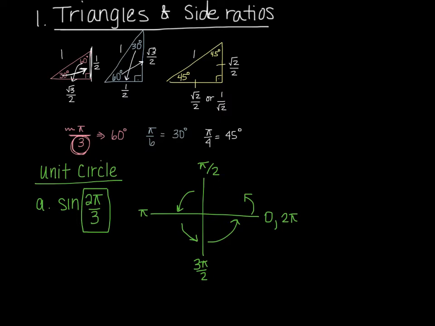So 2 pi over 3, I think about it in terms of thirds, and pi, or 1 pi, is 3/3. And so 2 pi over 3 is 1/3 shy of 3/3, and so it's right here in that second quadrant.